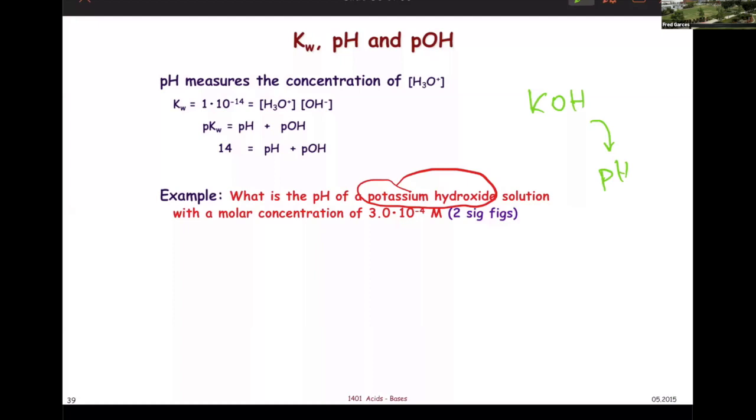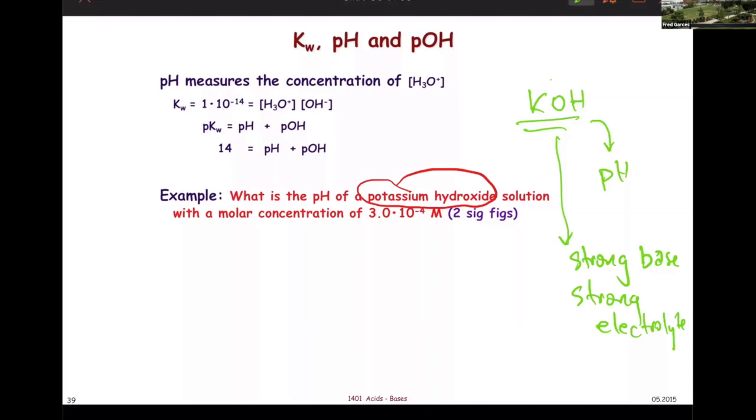The way you would solve this problem is, first of all, recognize that potassium hydroxide is a very strong base. That means it is a strong electrolyte. If you don't recognize that potassium hydroxide is a strong base, go back to the previous section where I identify the 7 strong acids and the strong bases.